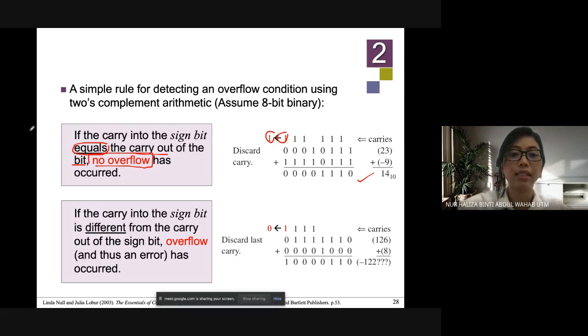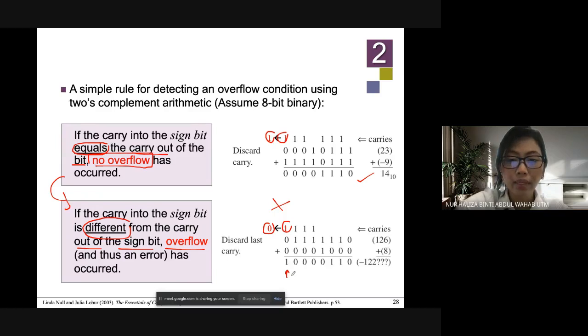But the second scenario, if your carry into the sign bit, this one is your sign bit, and the carry out of the sign bit are different, you look here, this one and this one are not the same. So the difference means that it's having overflow.